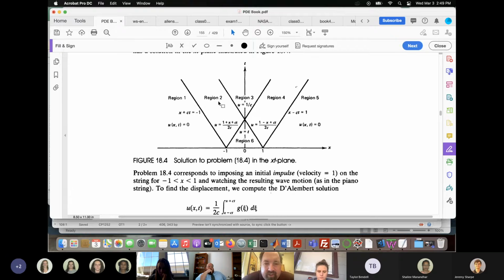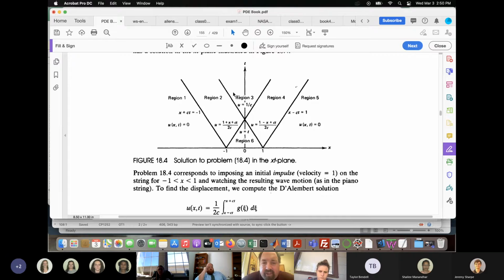In this case, x plus ct is somewhere between -1 and 1, whereas x minus ct, since we're not in this band, like we're over here, is less than -1, because here's where it's equal to 1, here's where it's equal to -1, but we're over here.